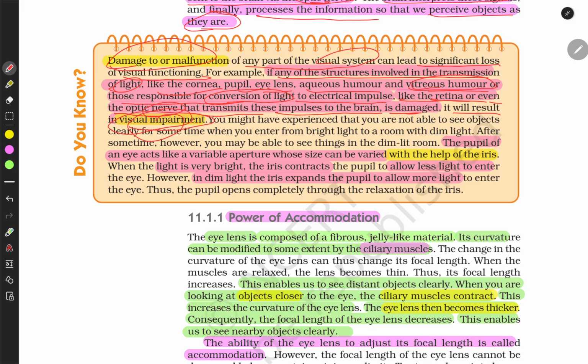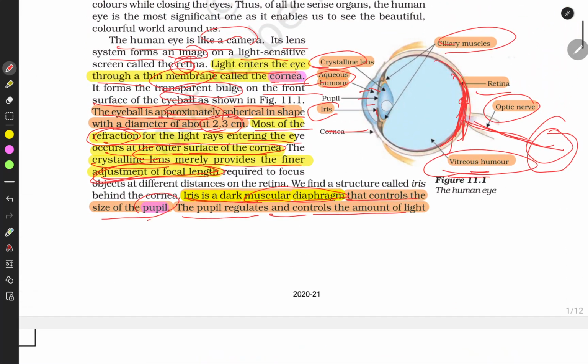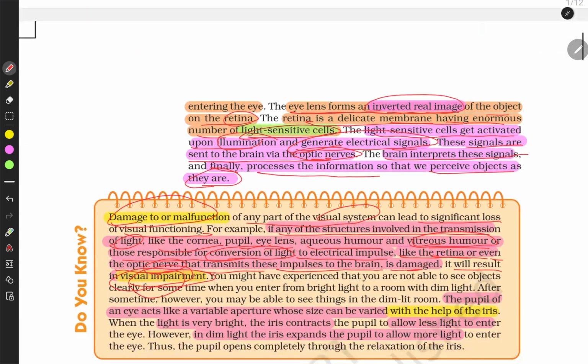So if any of these tissues gets damaged, here, here, here, or even in the optic nerve, there will be visual impairment.